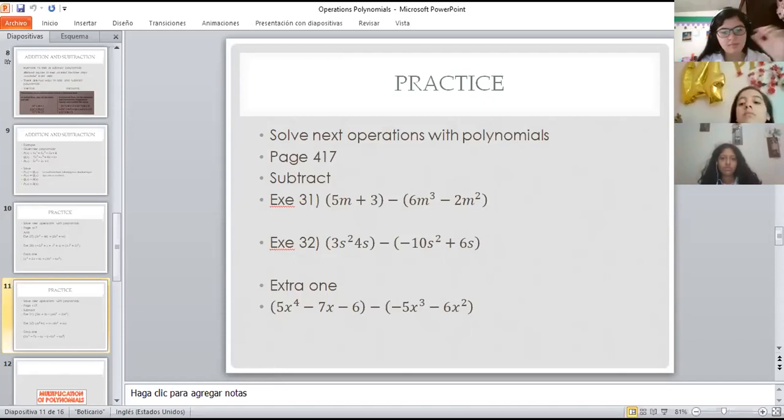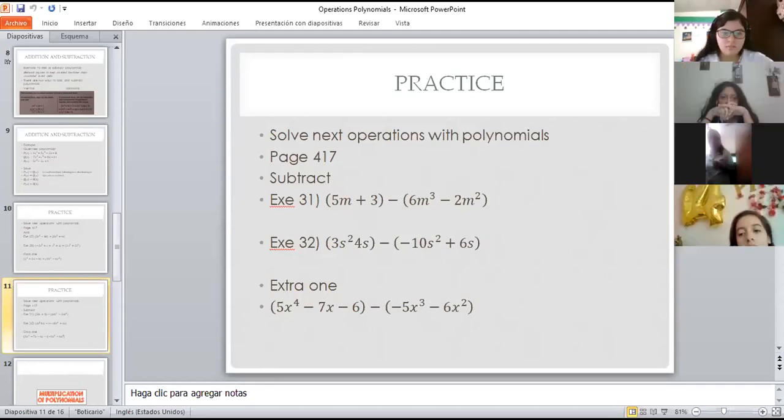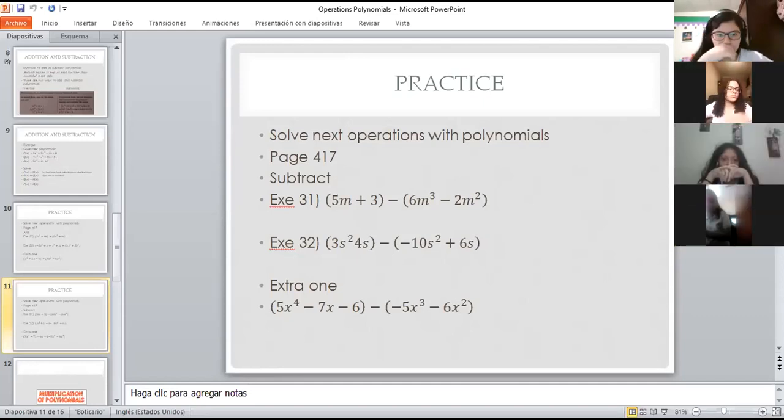Okay, we're gonna wait just one more minute, then we're gonna start. Today's activity is a little bit different because we're gonna be solving exercises from the homework. I think that you already downloaded the homework that's on the platform. Remember that now we are in the third partial, so look for it there.